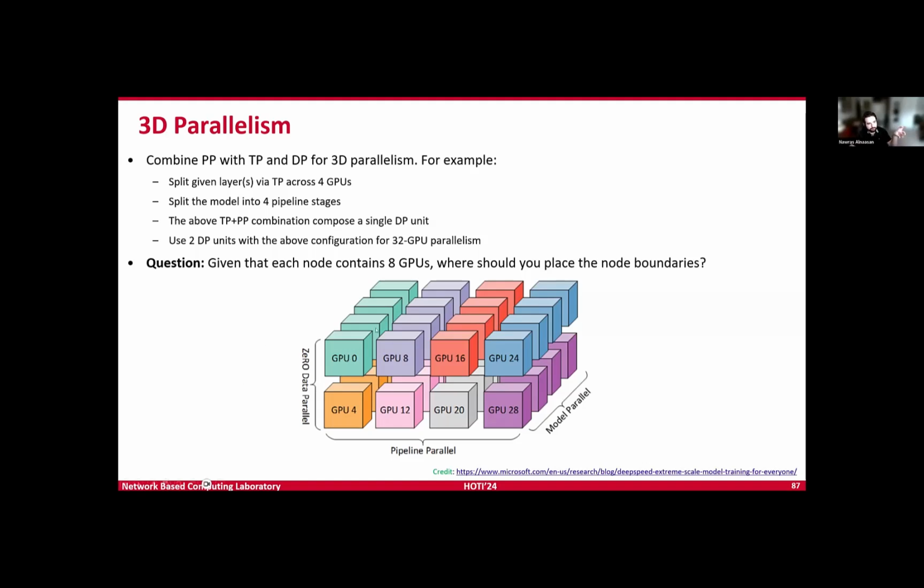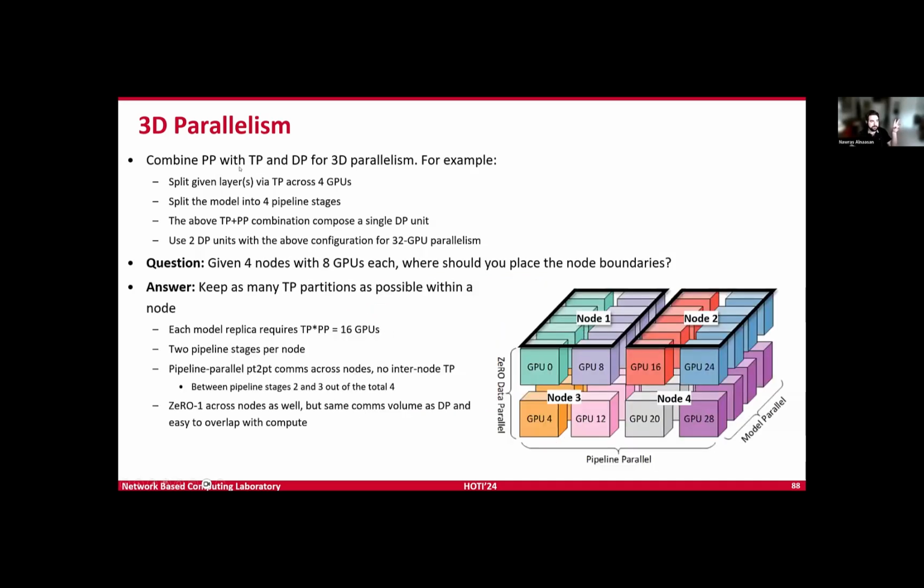For example, within the node we usually see an interconnect like NVLink, which has very high bandwidth, but across nodes we see something like Ethernet or InfiniBand, which also has high bandwidth in many systems, but compared to NVLink, you can divide it by 4 at least. So that's why we need to be careful about how we place these different parallelism techniques.